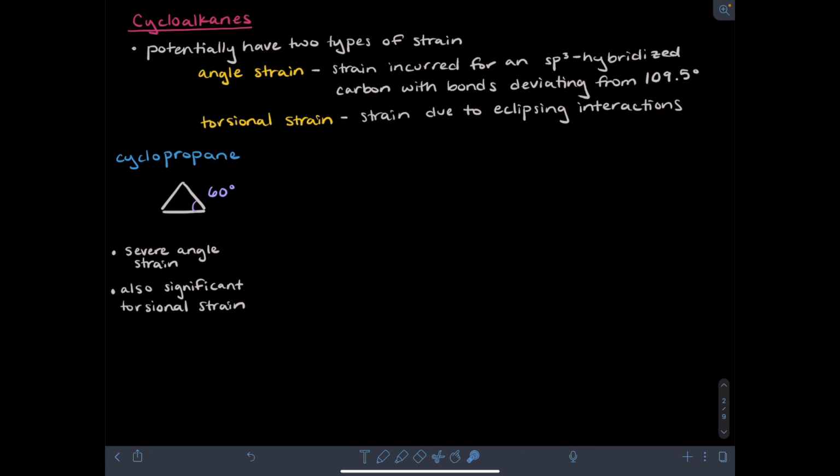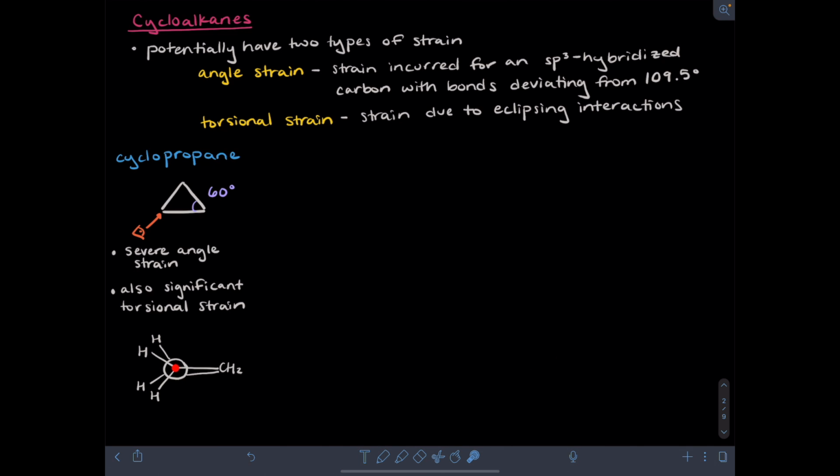Cyclopropane also has significant torsional strain. You can imagine looking down one of the carbon-carbon bonds of cyclopropane and then drawing a Newman projection. Here is a view down one of the bonds of cyclopropane.